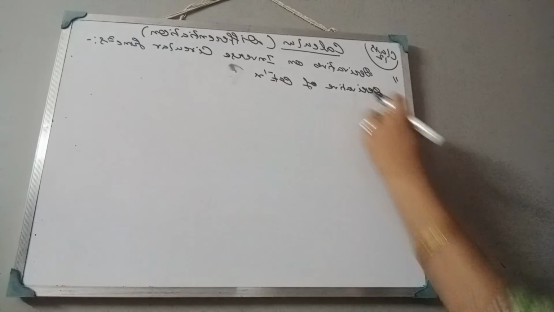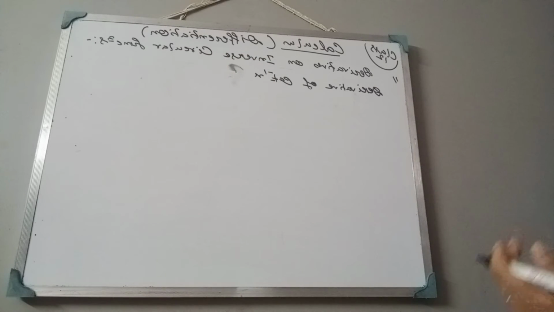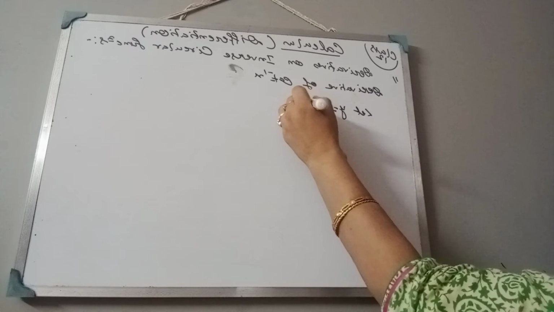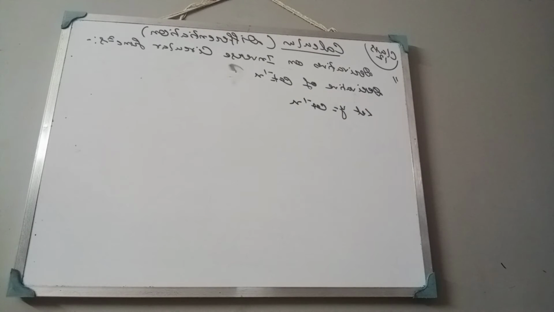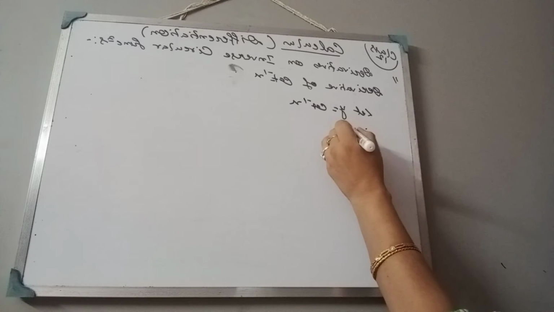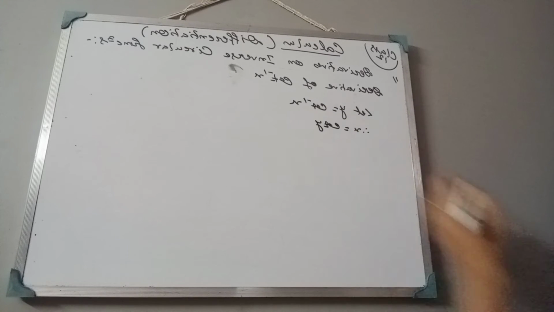We have to find the derivative of cot inverse x. Same as before, let y equal to cot inverse x. We can find this by another method also, I will show that also. y equals cot inverse x means x equals cot y.